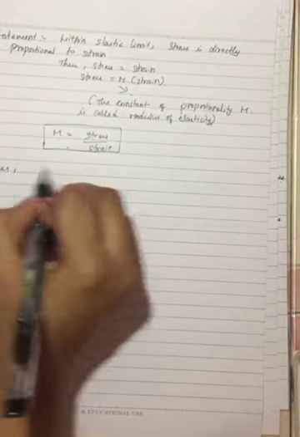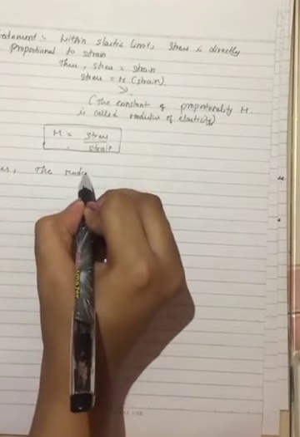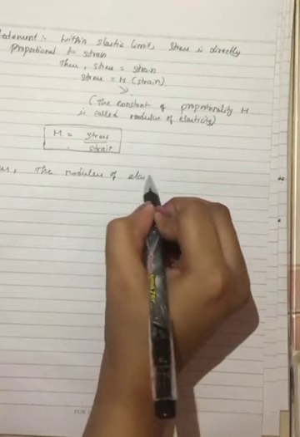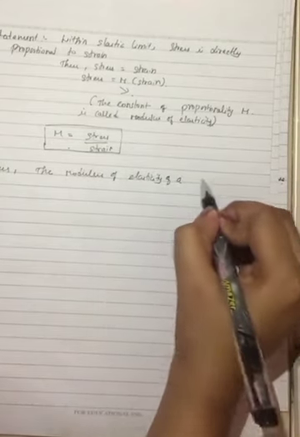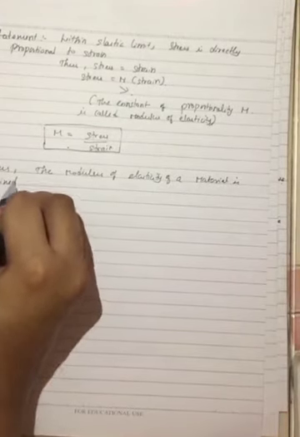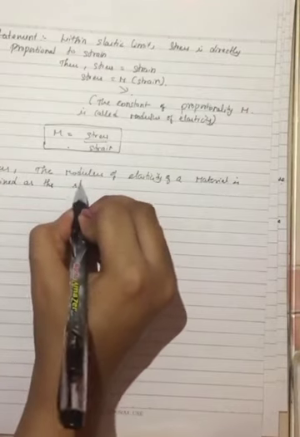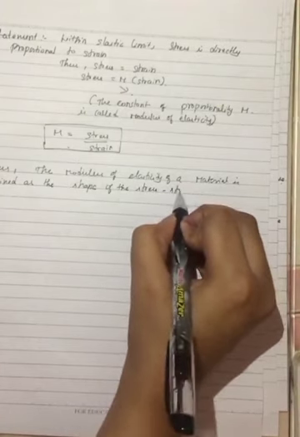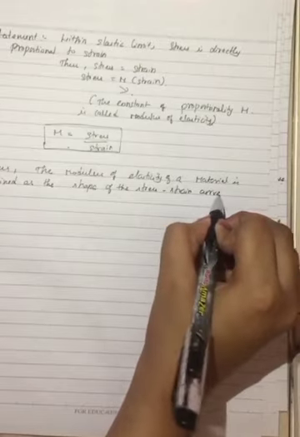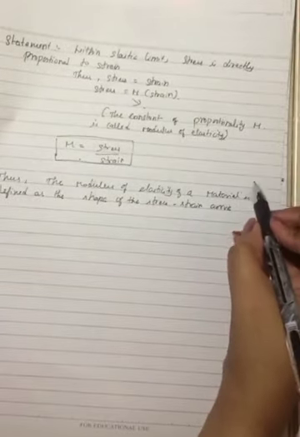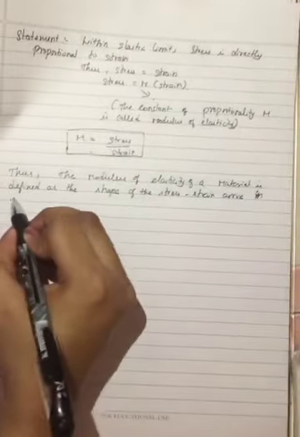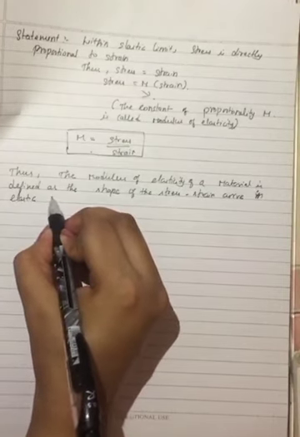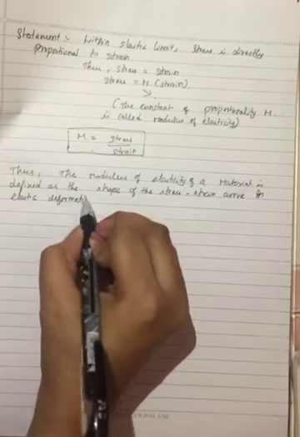Thus, the modulus of elasticity of a material is defined as the slope of the stress and strain curve, this one, in elastic deformation region.